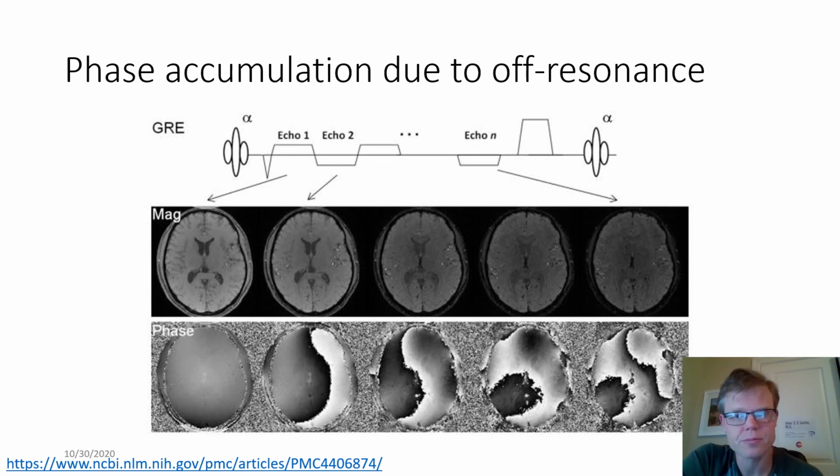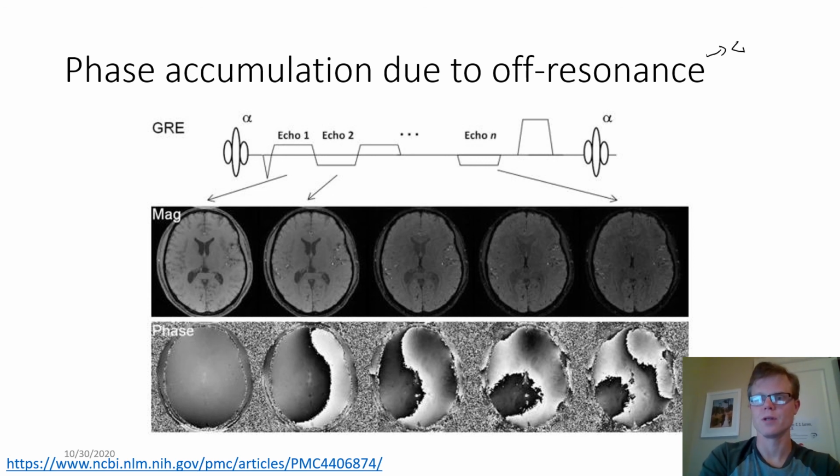There's also generally phase accumulation due to off resonance, and really coming from two major effects here. One is the imperfections in the main magnetic field. The other is magnetic susceptibility differences.